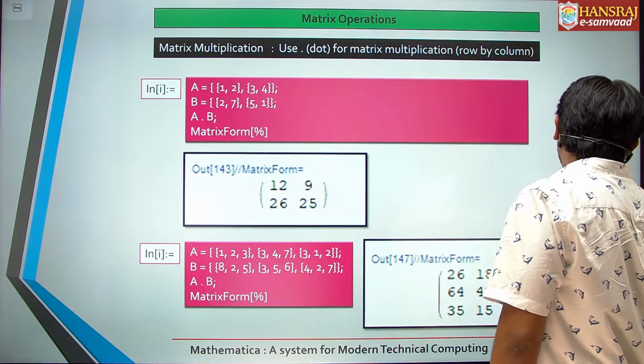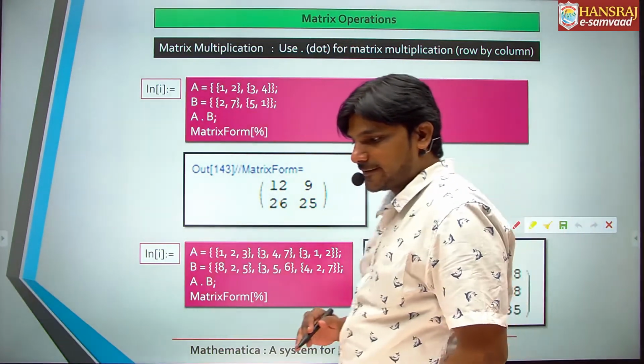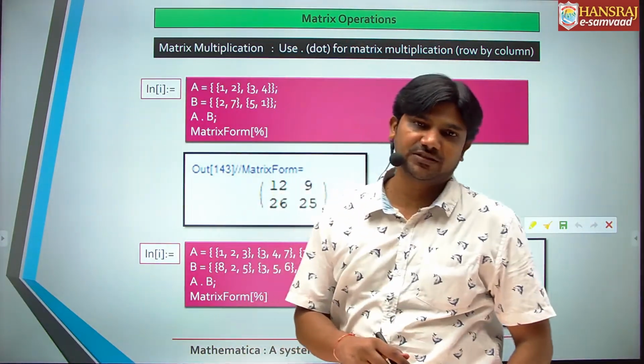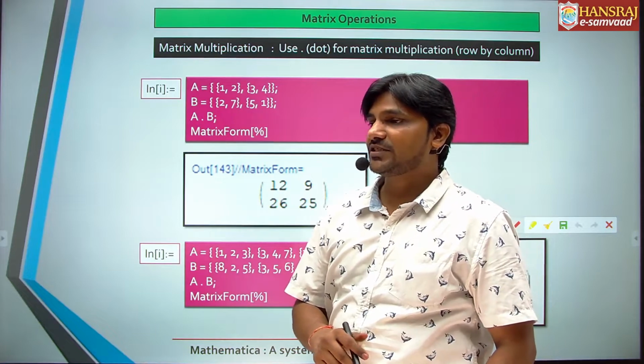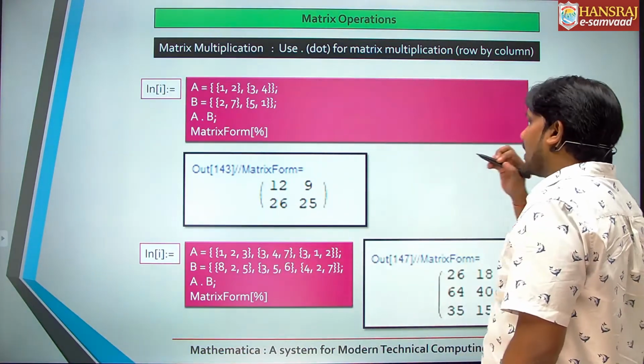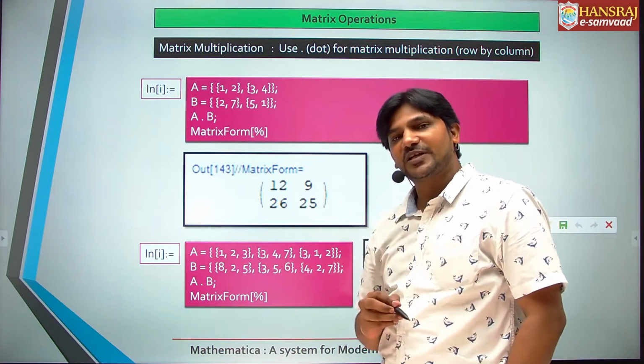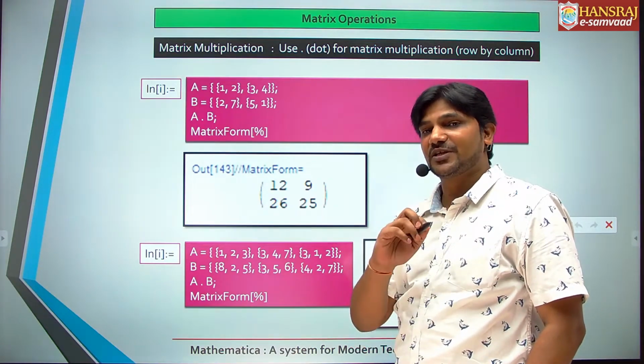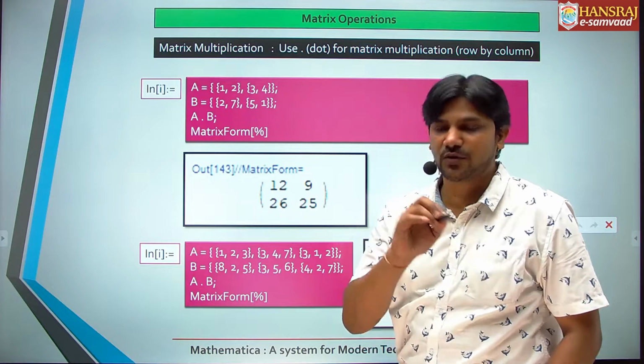The most important point in matrices is their multiplication. There are two ways of multiplying matrices. The first is component-wise multiplication, and the second is matrix multiplication row by column, which is the standard rule.